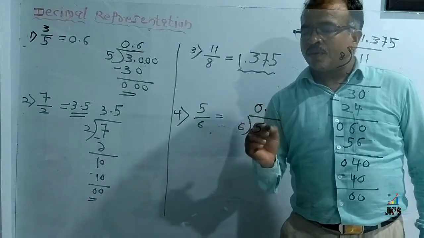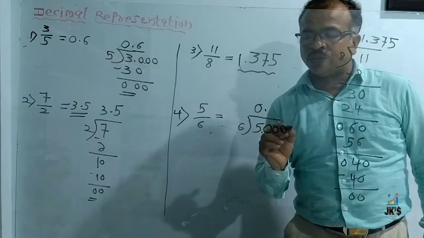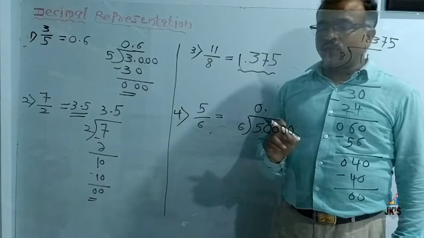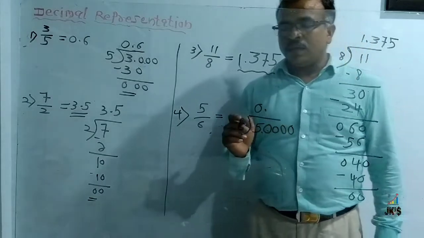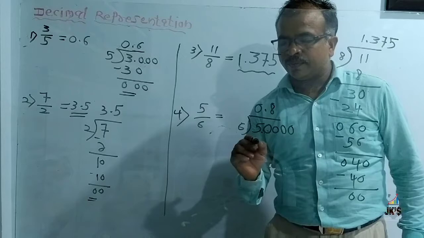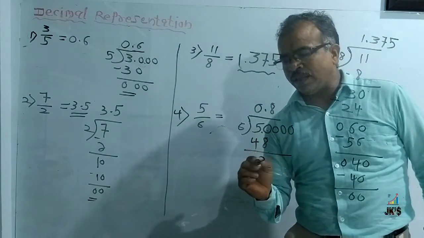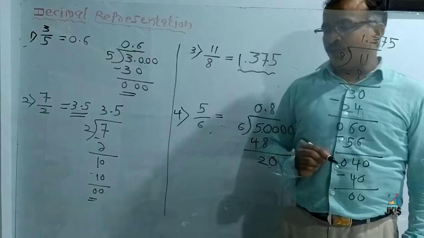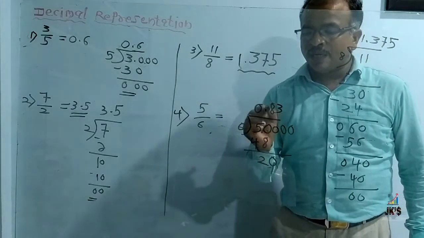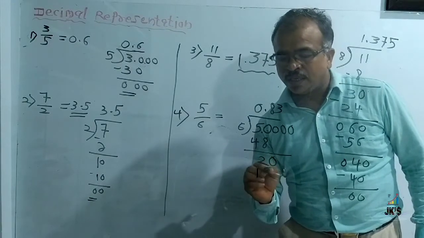So it becomes 5.000. Now this is considered to be 50. 6 eights are 48. 2 remains. We take 0. That becomes 20. 6 threes are 18.